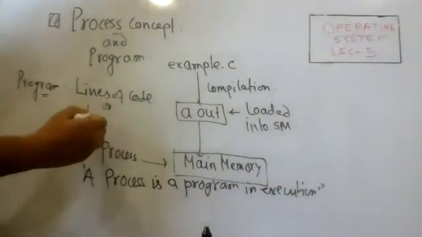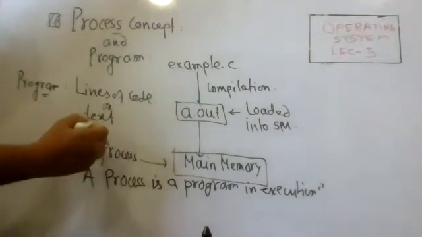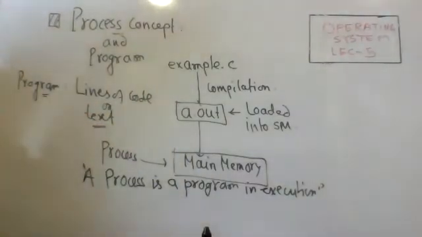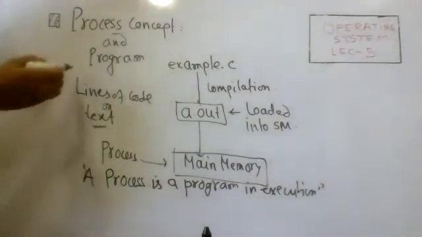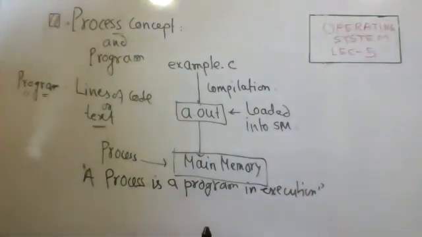But a process is much more than that. These lines of code or text are just a part of a process. So the program and the process are not the same. Actually, a program is a part of a process.